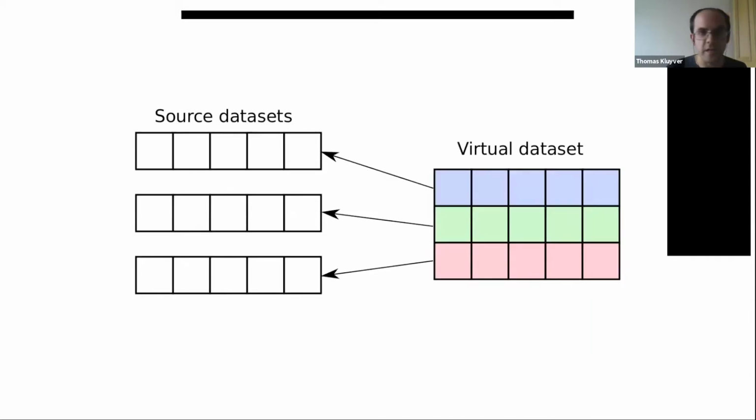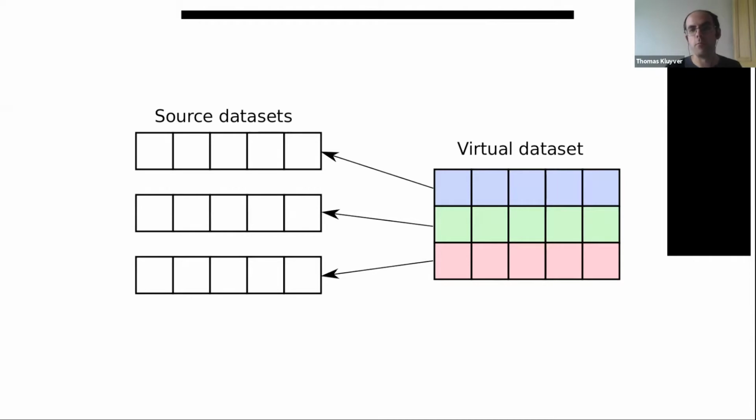So just in case anyone is not familiar with the term, virtual data sets are a feature introduced in HDF5 1.10, and they point to one or more source data sets, which can also be in separate files. So you can present these separate pieces of data as one bigger data set without having to copy all of the data.